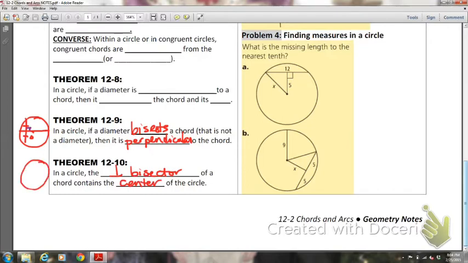So here if we have circle O, and we know we have a chord and we have a perpendicular bisector, it bisects the chord and you know it's perpendicular to it, then you know that this segment here has to contain the center of the circle. It has to be a diameter. So we'll use that in some problems. So let's go look at the right side of the page and work some examples.